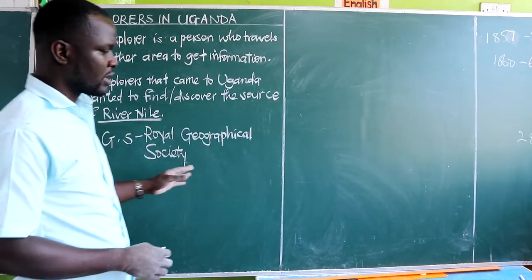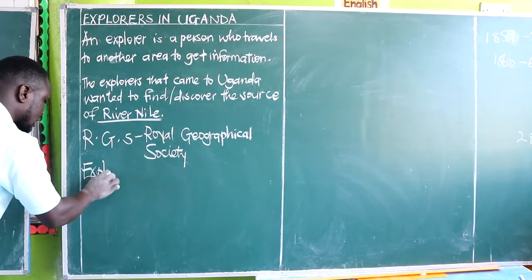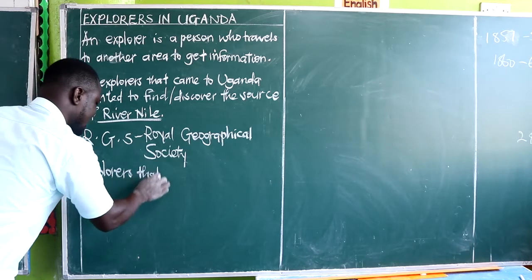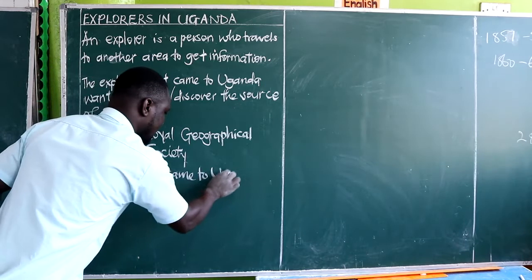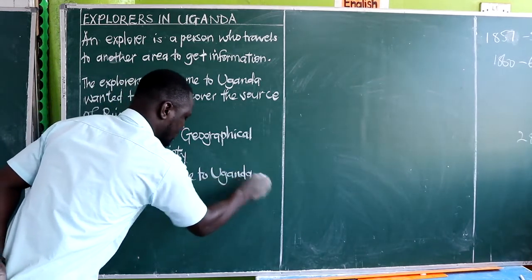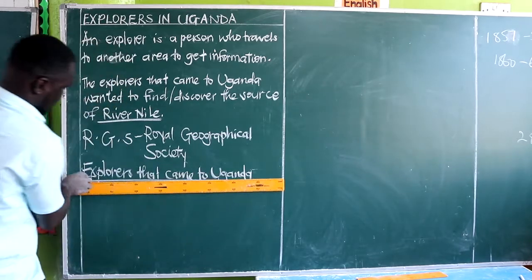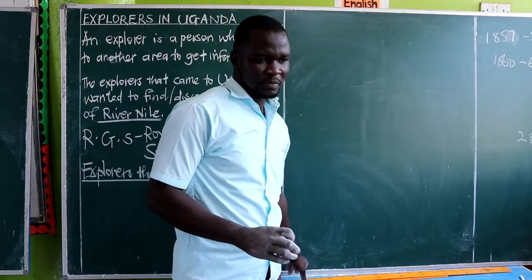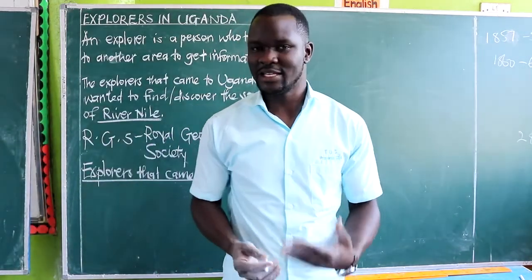As we are going to be looking at these explorers that came to Uganda, there is something that we are going to be understanding here. We have the explorers that attempted to enter Uganda, but they did not.